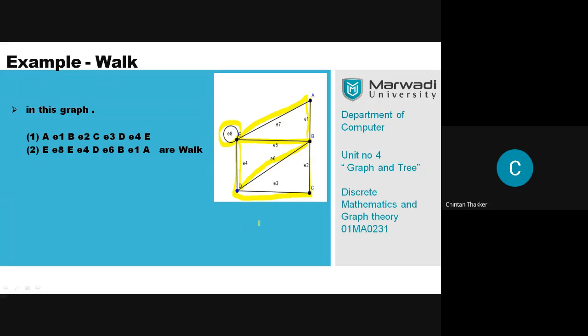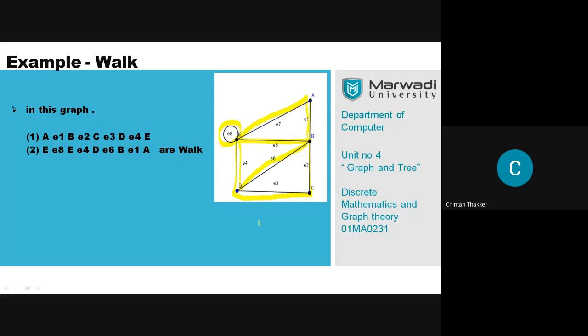Now this definition is given in our reference book, but in some other books of graph theory, they define a walk as only an alternating sequence of vertices and edges. That means they are saying that in a walk you can repeat the edges also. And they define one more term, trail.